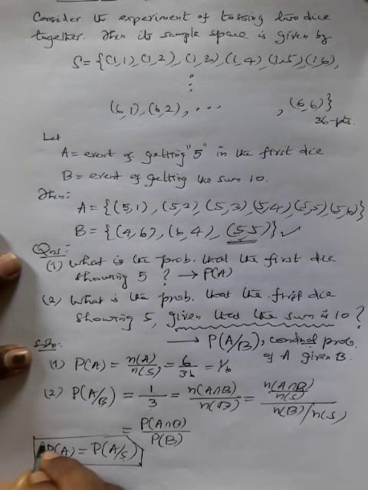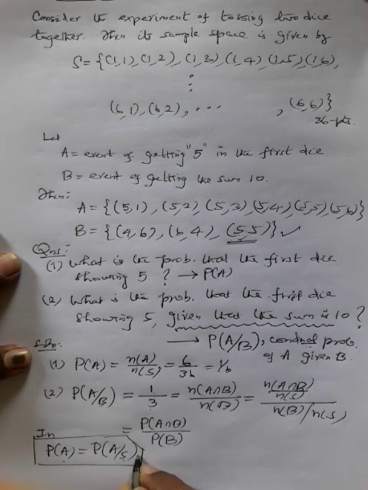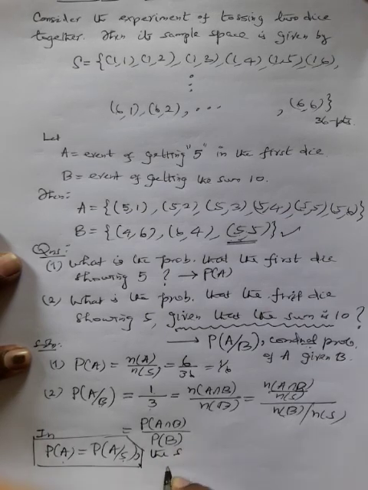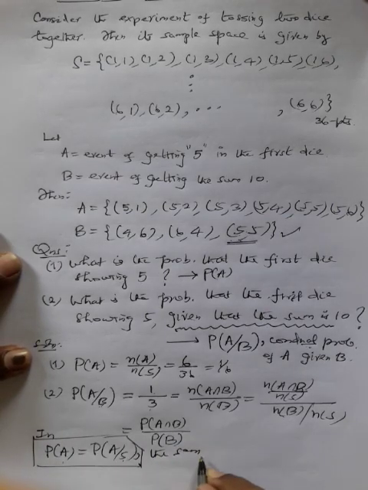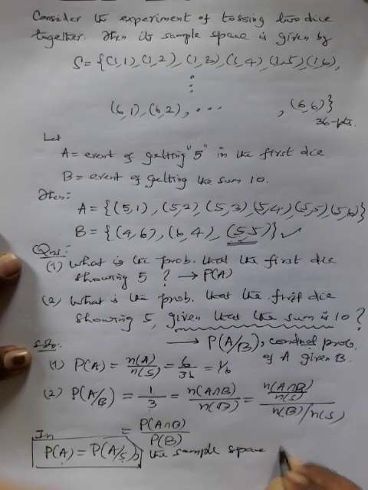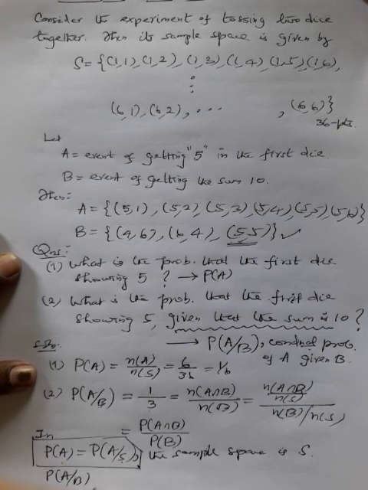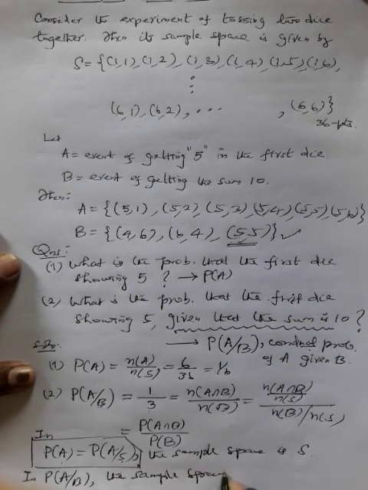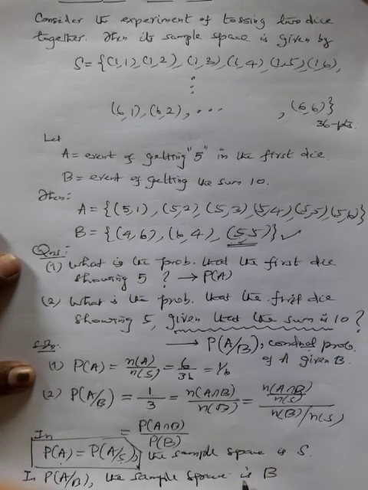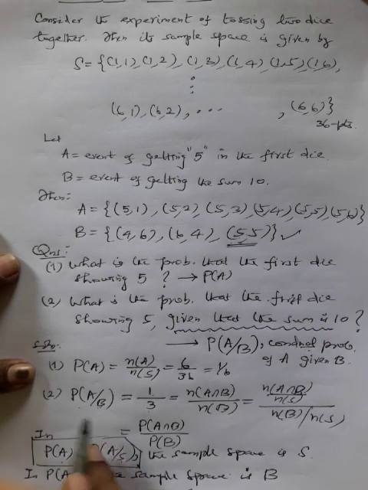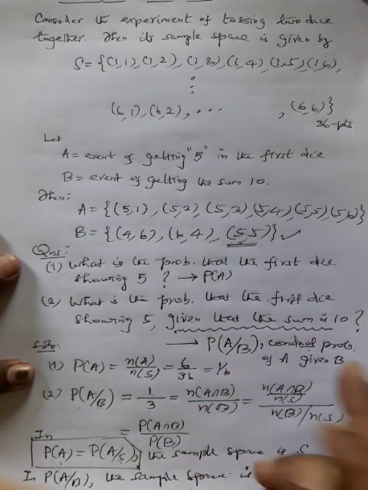So in P of A, the sample space is S. When you write P of A given B, the sample space reduces to B. So this is what is called the conditional probability, given that the sum is 10.